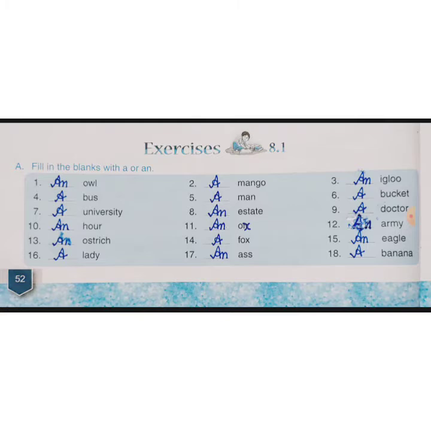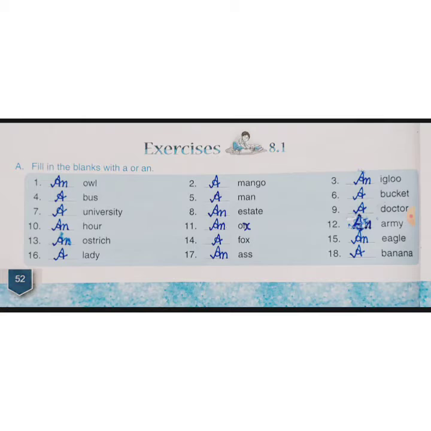Now see the seventh one. Dash university. Now you all must be thinking, ma'am, why have you written a over here. So beta, let me tell you that although university is starting with a vowel, it is having a long consonant sound.